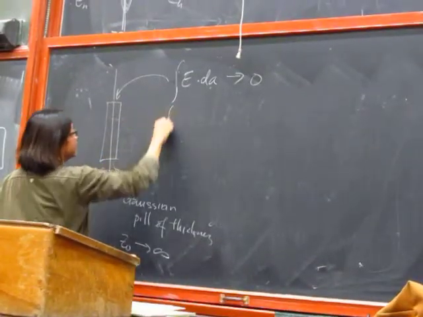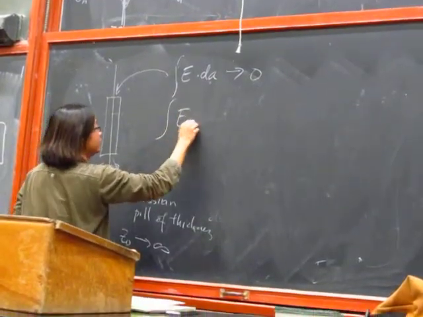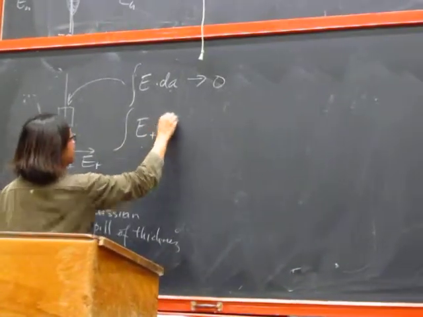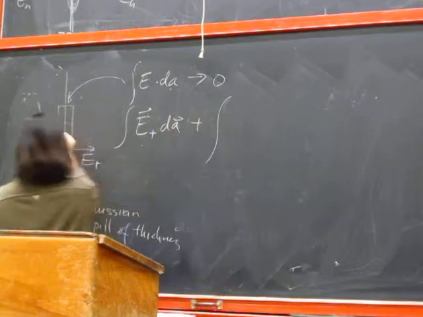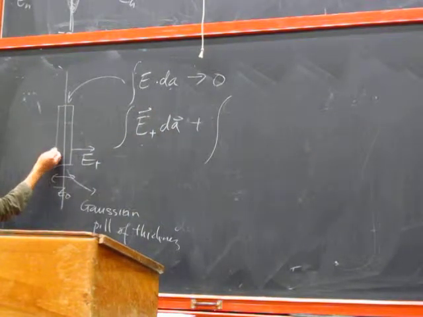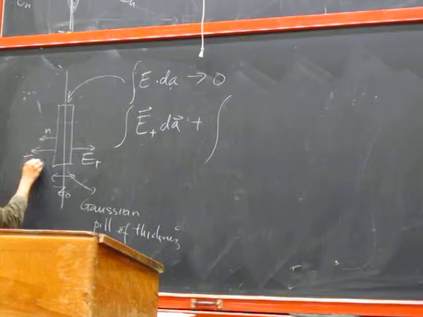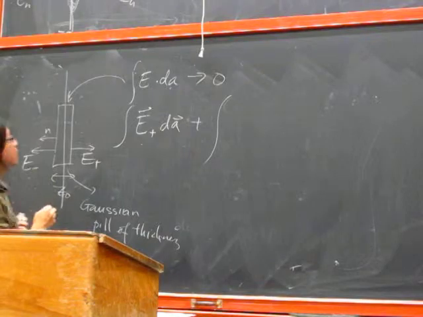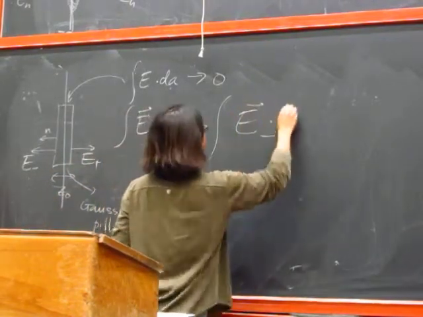So then what I have is just the surface integral of E plus, where E plus is in this direction, times dA, plus the contribution from the other side of the pillbox. Again, the normal is in that direction, so this is E minus times dA.